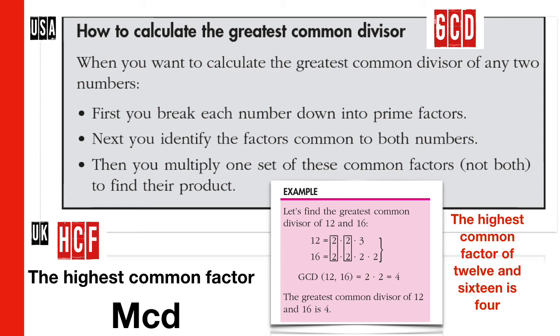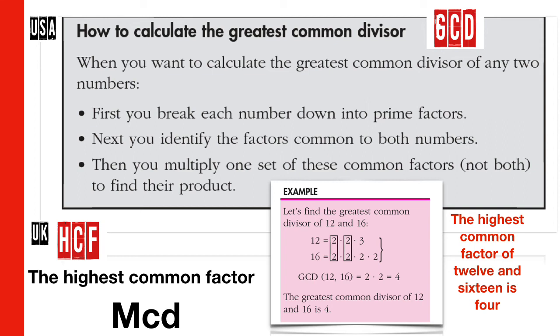Let's find the greatest common divisor of 12 and 16. First of all, break down 12 and 16 into prime factors. 12 equals 2 times 2 times 3. 16 equals 2 times 2 times 2 times 2. And the common factors in both numbers are 2 times 2.